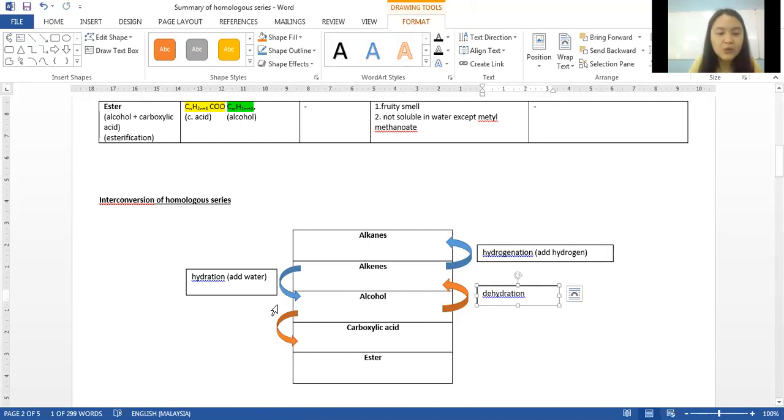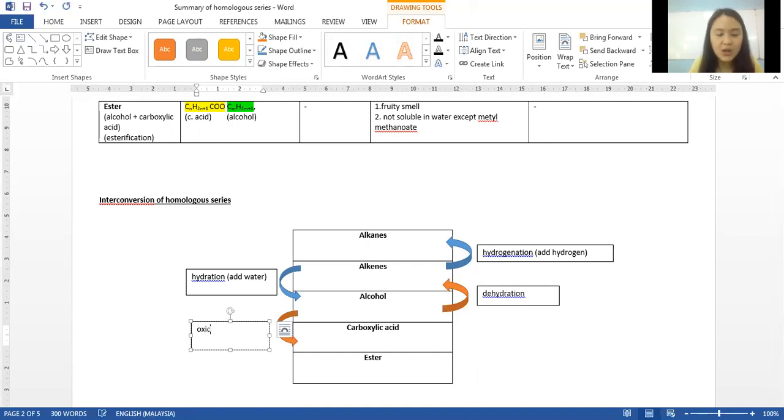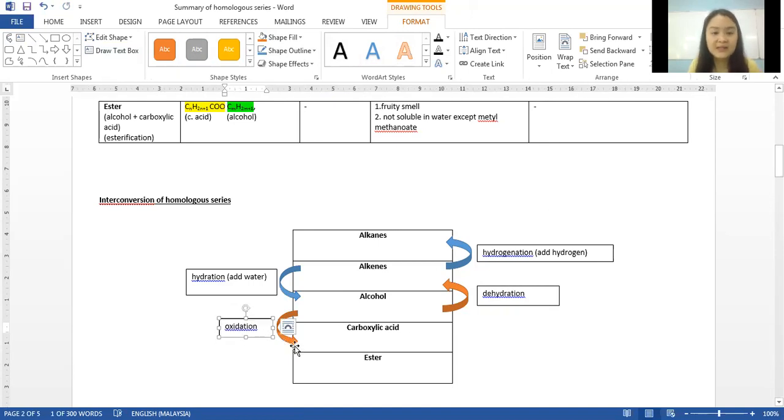Next, alcohol can also turn into carboxylic acid through a process called oxidation, where you add the correct oxidizing agent. The common oxidizing agents we use are acidified potassium manganate(VII) or acidified potassium dichromate(VI). If I have propanol and perform oxidation, I get propanoic acid. With butanol, oxidation gives butanoic acid, and so on.